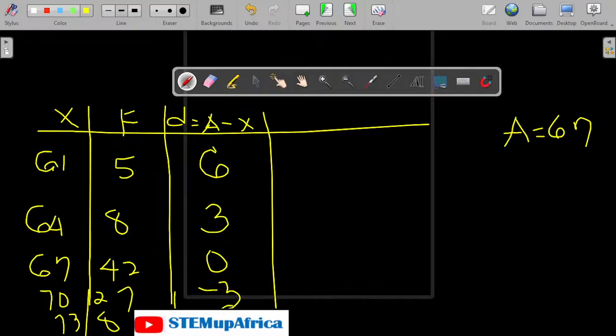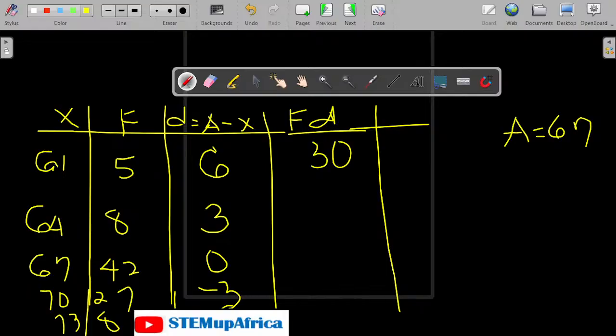Okay? Then the next one, let me just say FD, meaning your frequency multiplied by the deviation. So the first frequency there is 5, and the deviation is 6, so 5 times 6 gives 30.